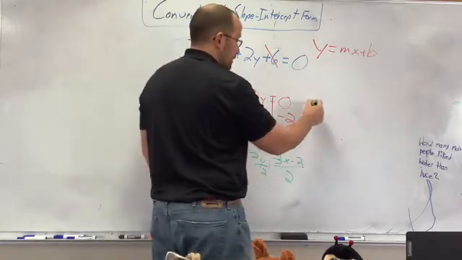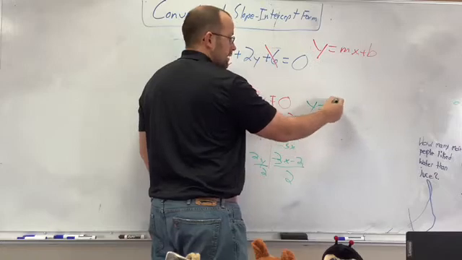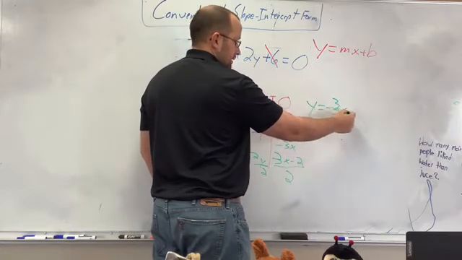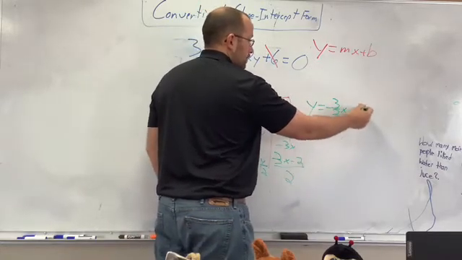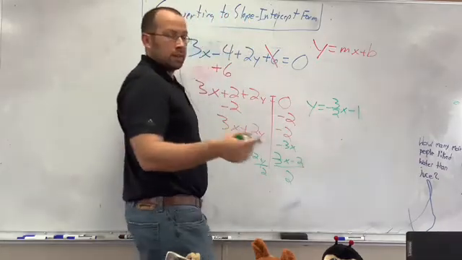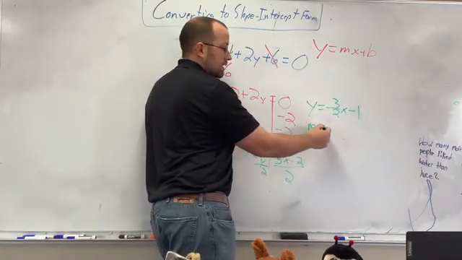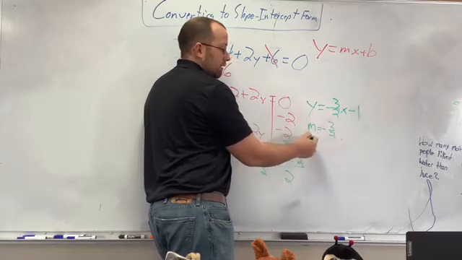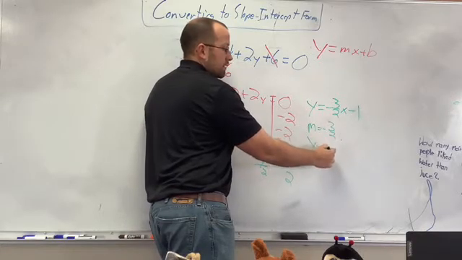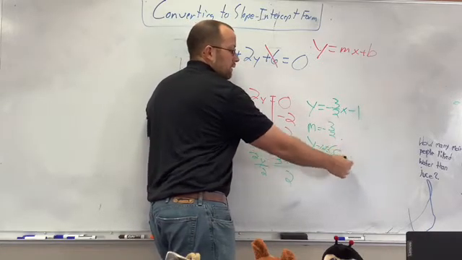So my final answer is y equals negative 3 halves x minus 1. So what's my slope? My slope is negative 3 halves. My y-intercept is (0, negative 1).